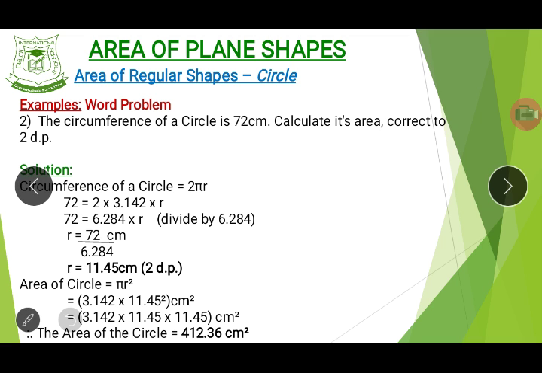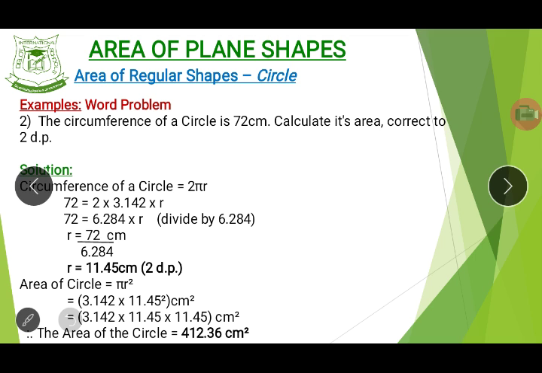Making r the subject of the formula, you divide by 6.284. So that will be 72 divided by 6.284 centimeters, and the answer you get is 11.45 centimeters. So our radius is 11.45 centimeters, correct to 2 decimal places.